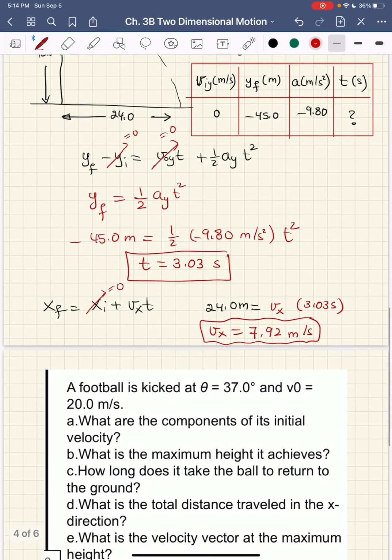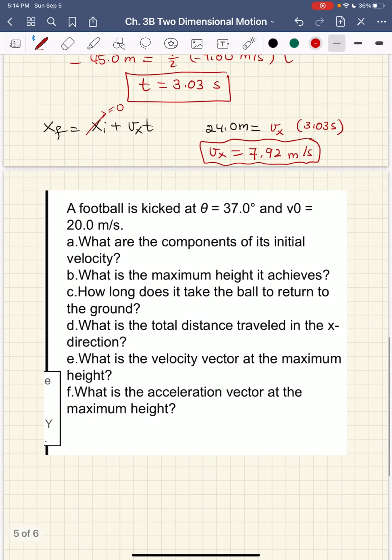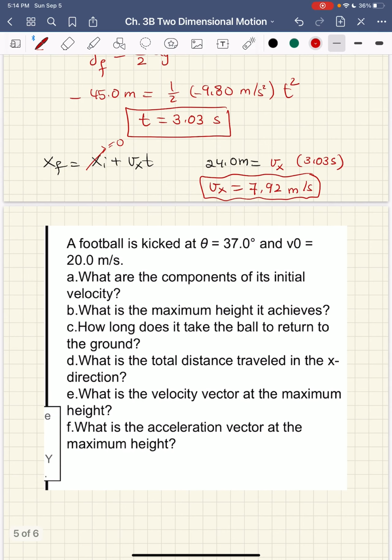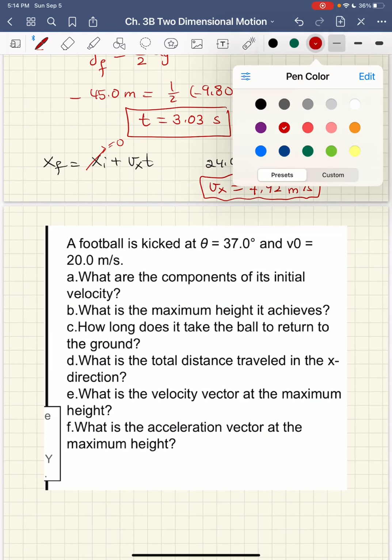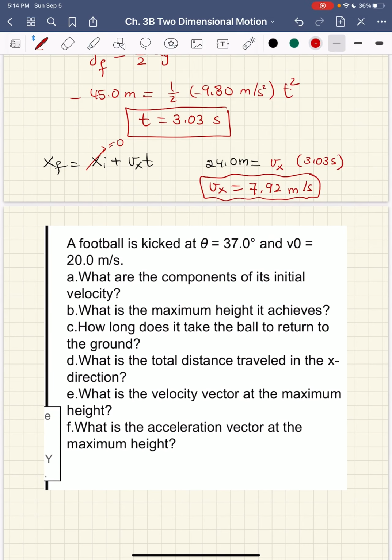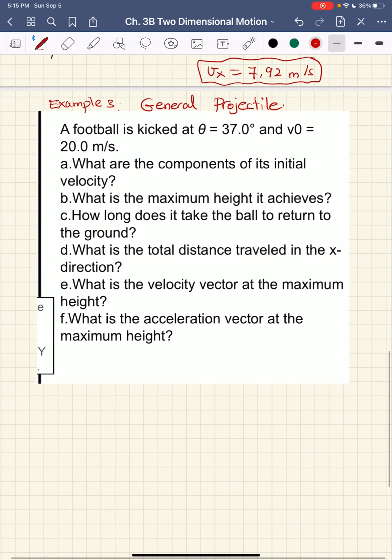These were two examples on horizontal firing. Now, this one is more about a general projectile. What does it mean, general projectile?